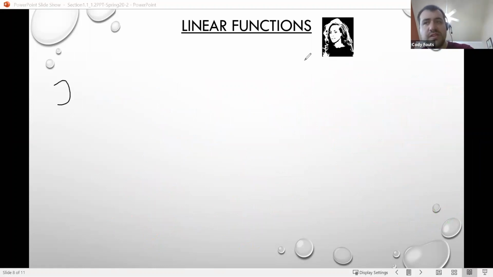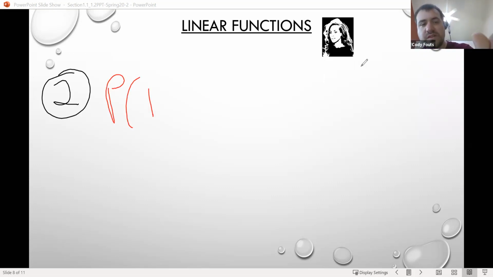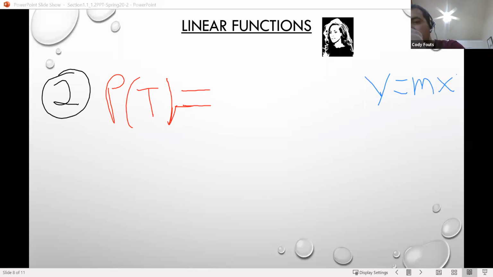So part 2 then asks us to write an equation for the function P of T. Because we're dealing with linear functions here, we know that that function is going to have the form of a linear function. And if we remember off to the side here, our general form for a linear equation is y equals mx plus b.